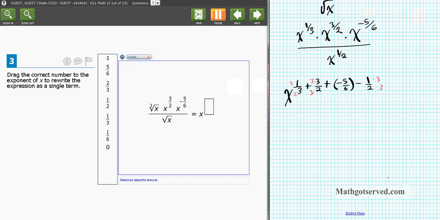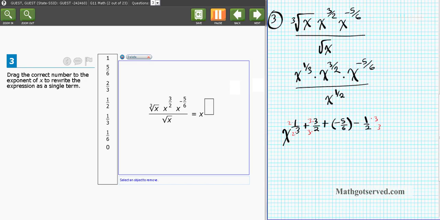All right, so what does that give us? We're going to have x to the, so we're just going to be multiplying the powers.